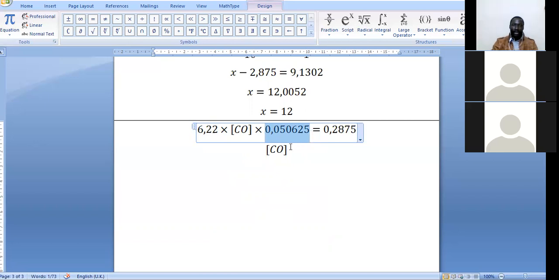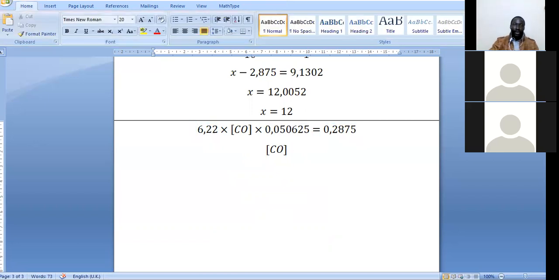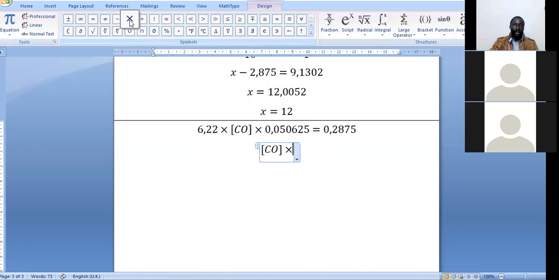Well, according to my calculator here, we are going to get 0,3148875. That's what we get. Equals to what? 0,2875. That's what we get.